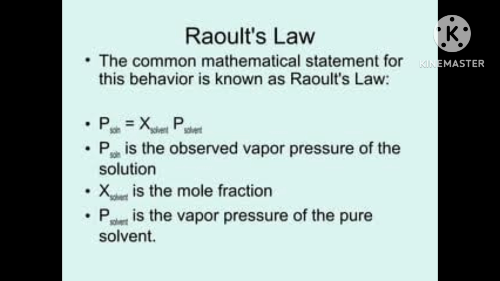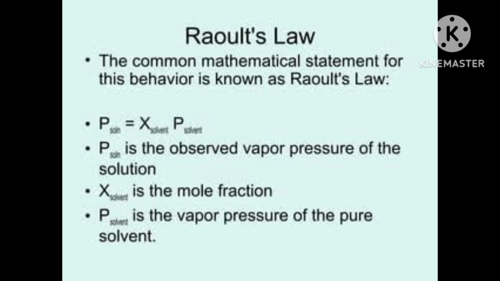the total pressure, P total, over the solution phase in the container will be the sum of the partial pressures of the components of the solution, that is P1 plus P2.